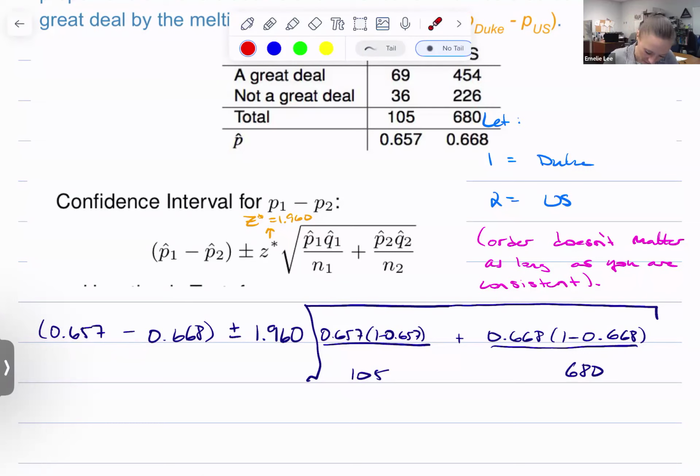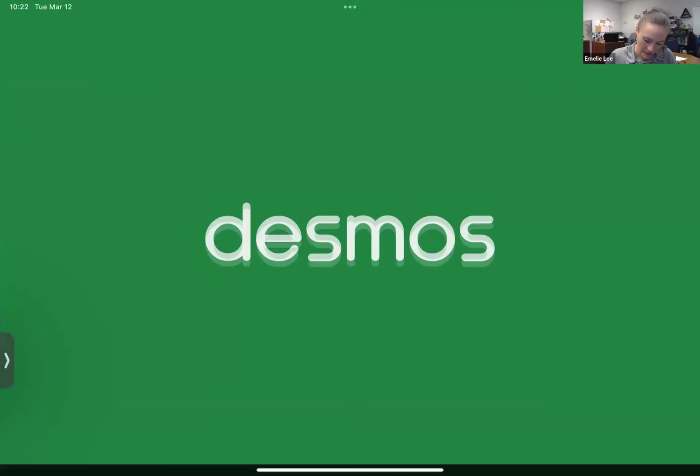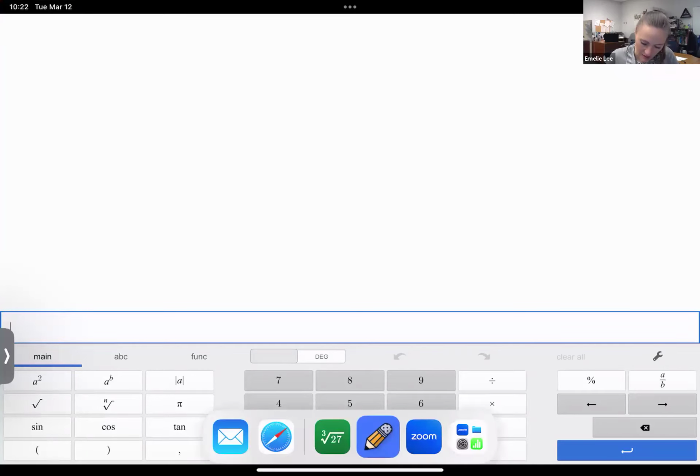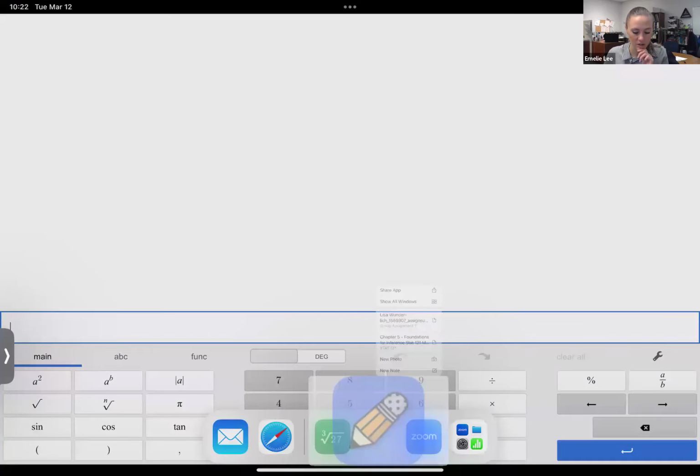Okay, now let's see here. I'm going to use this calculator here because I want to show you the calculation steps. Maybe I can have these on the screen together.